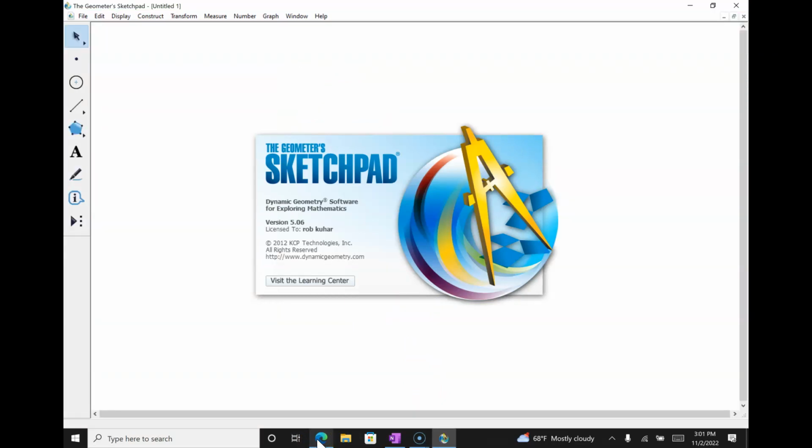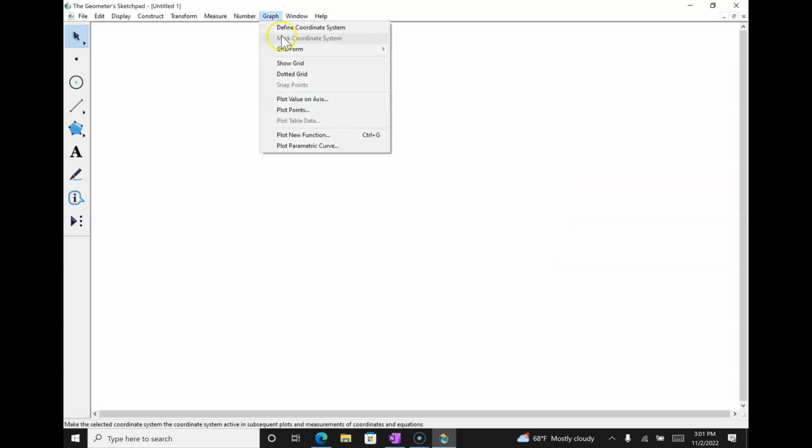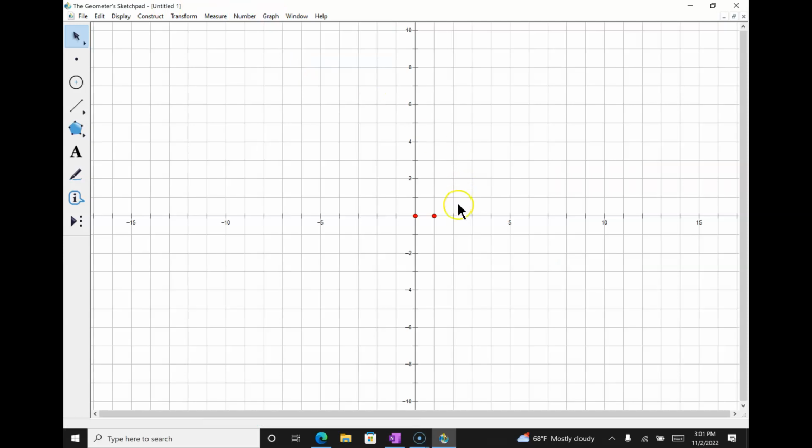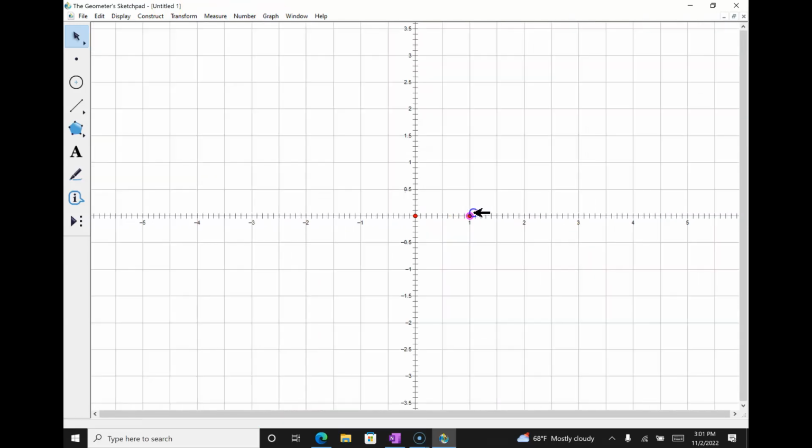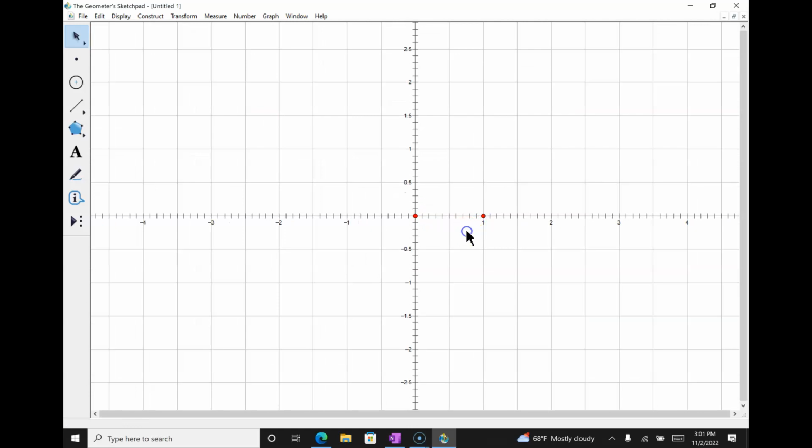So if you ever want to play around with something like this, GeoGebra is where you would go. I'm going to create my grid here. There's my XY plane. The radius would be 1, yes. Which is also the hypotenuse. So I want to create a circle here of radius 1. And I want to create a point on the circle.